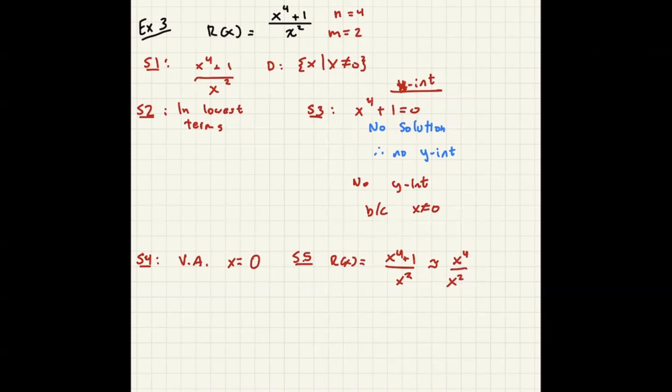We have x to the 4th plus 1 over x squared. So x to the 4th over x squared is actually x squared. So we're going to have a different type of asymptote, where we're never going to intersect the graph of y equals x squared. And you're probably wondering, what does that mean? So we do not touch this graph. So basically, we're going to copy the behavior of this graph.